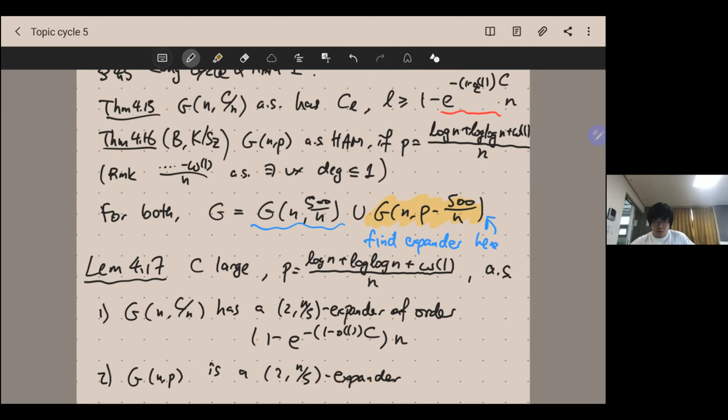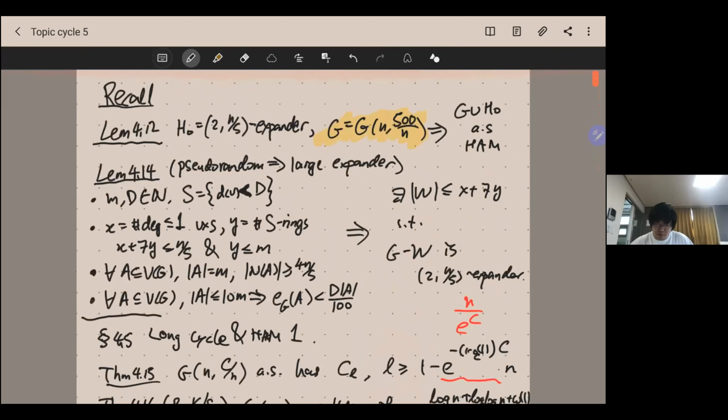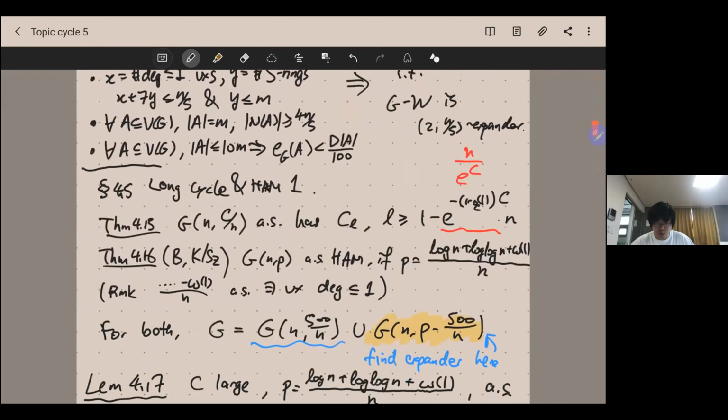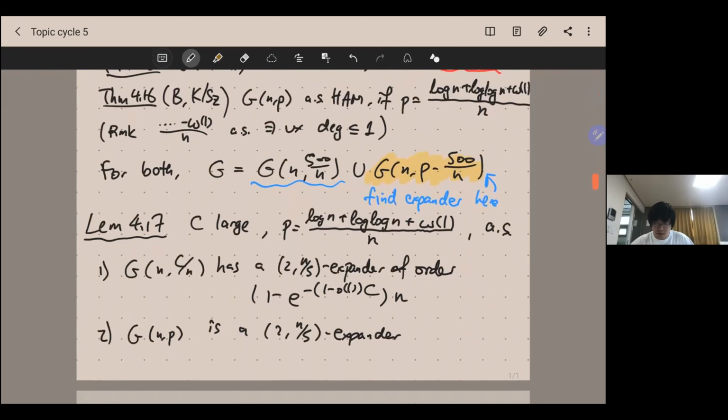So you see, 417 together with 412 is enough. For this yellow part here, by the first part, we have an expander of this size.